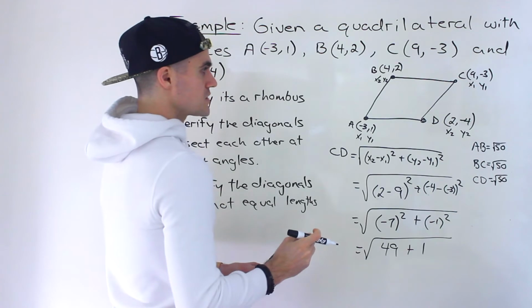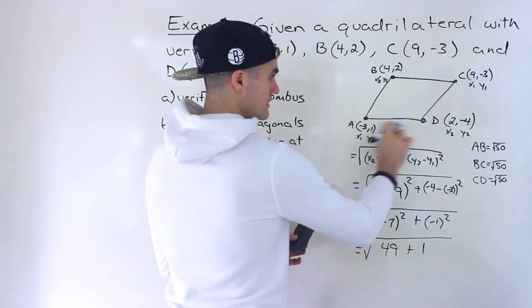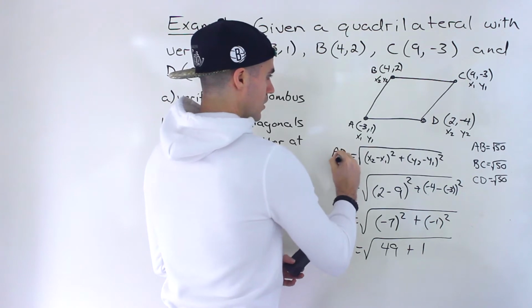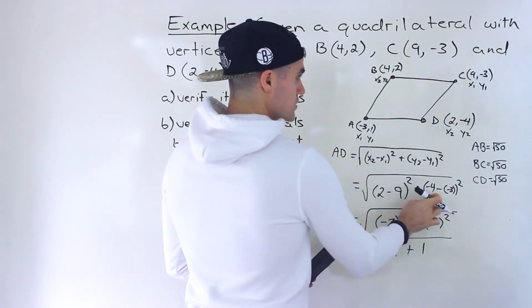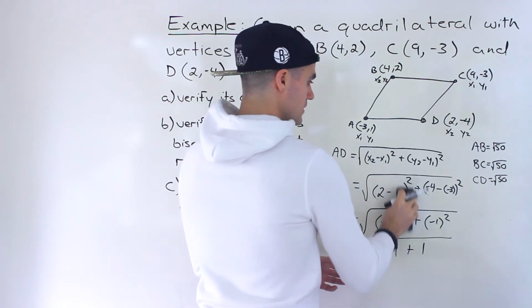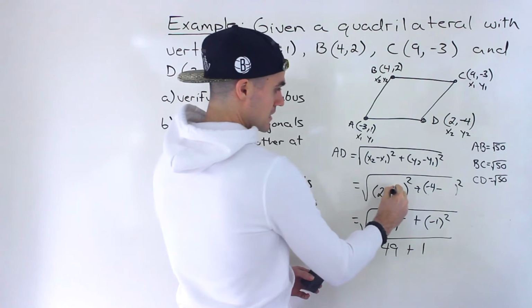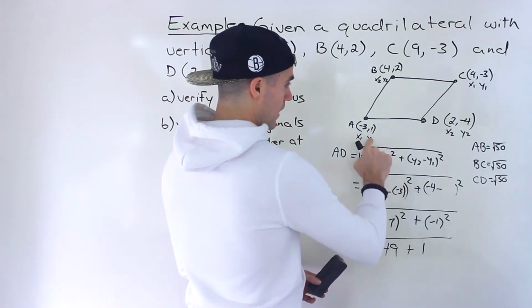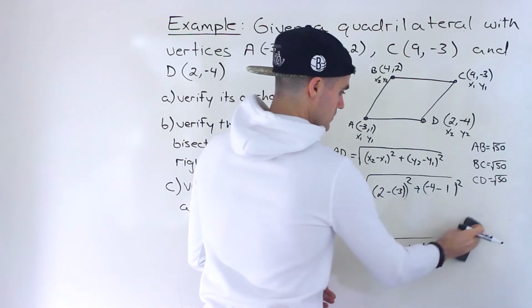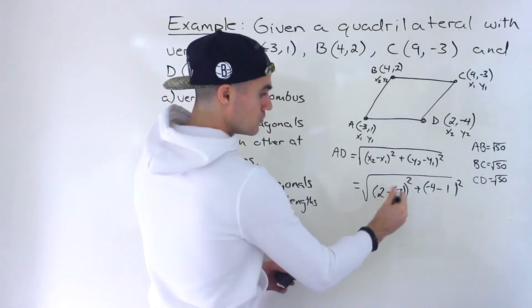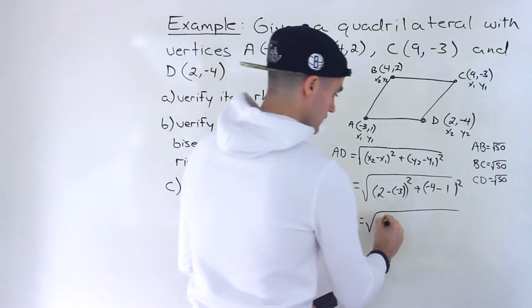And then finally, we just have to find the length of AD, right? This side. Over here, so we already have the x2 and the y2, the 2 and the -4. So let's change the x1 and y1. So the x1 in this case is going to be -3. Then the y1 is going to be 1, +1 right there. Okay, so what's going to happen here? We're going to have 2 minus -3, which would be like 2 plus 3, which would give us 5.